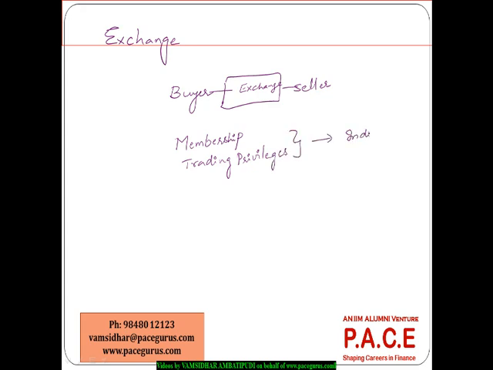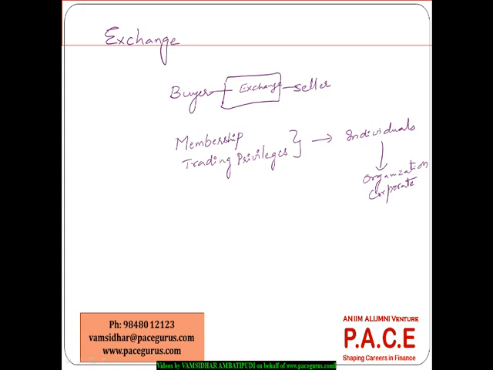But with the permission of the exchange, these individuals can pass on some privileges of the membership to any kind of organization or probably any kind of corporation. But by default, these privileges are assigned to individuals itself.